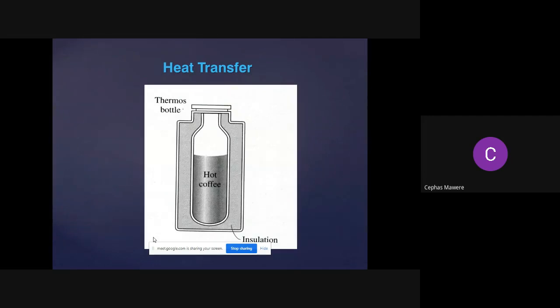And so we look at scenarios like a thermos flask. Why is it that a thermos flask is able to preserve hot water for a long time? It has to do with insulation, so there is no heat that is lost from this system through radiation.